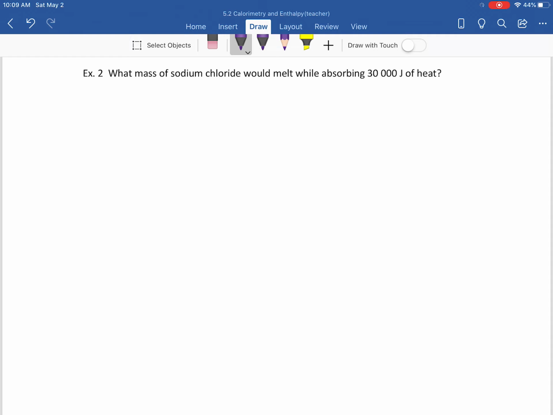Moving on. Example 2. What mass of sodium chloride would melt while absorbing 30,000 joules of heat? Okay, so what do we know? Well, we know that the molar mass of sodium chloride is 58.44 grams per mole. We get that from our periodic table.